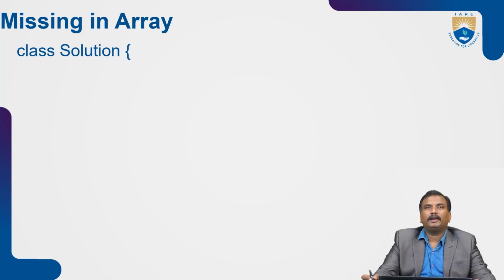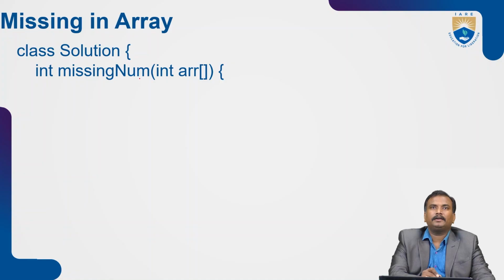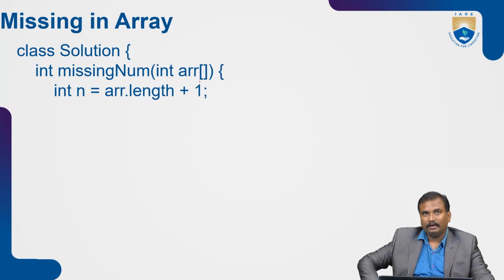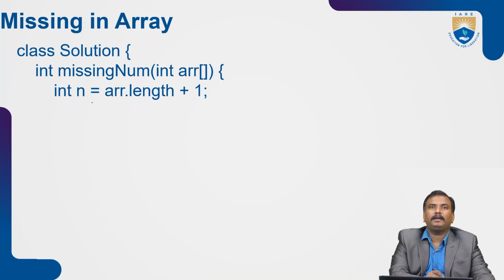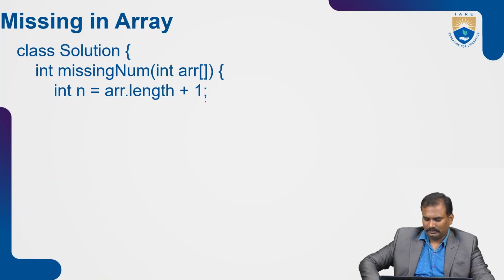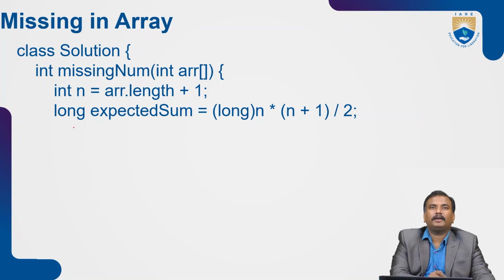Here I am directly going with the Java code: class Solution, and int missingNumber of int array. Here we are taking int n is equal to array dot length plus 1. Because in Geeks for Geeks there are some large numbers also, in order to avoid the range of integer, we need to take this as long.